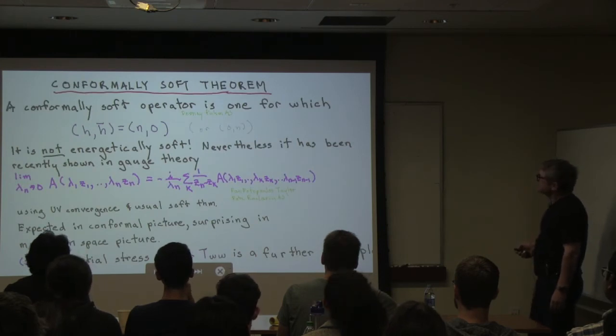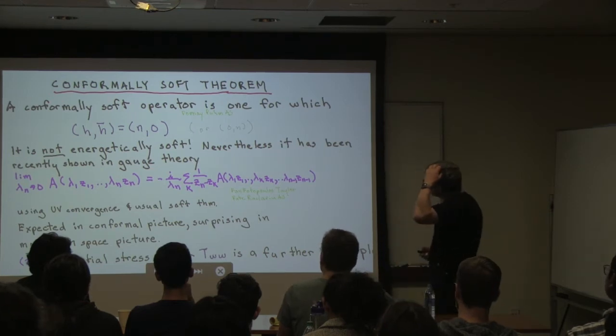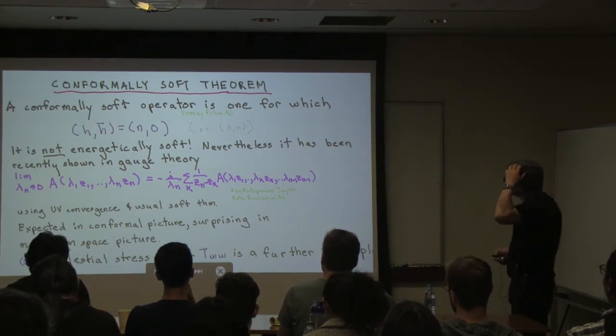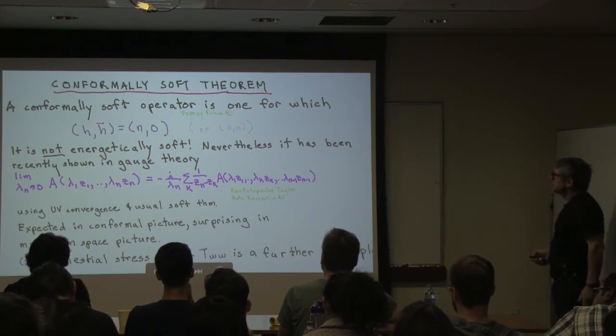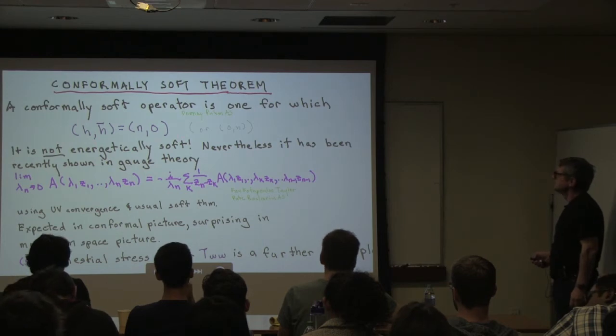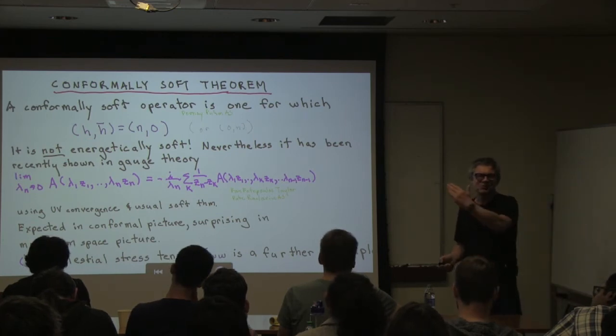Okay, so this is a result which seems at once both, I vacillate between thinking it's deep and thinking it's trivial. So we can talk about conformally soft operators, where one of the weights becomes 0. Now, a conformally soft operator is not energetically soft. It involves an integral over all energies.